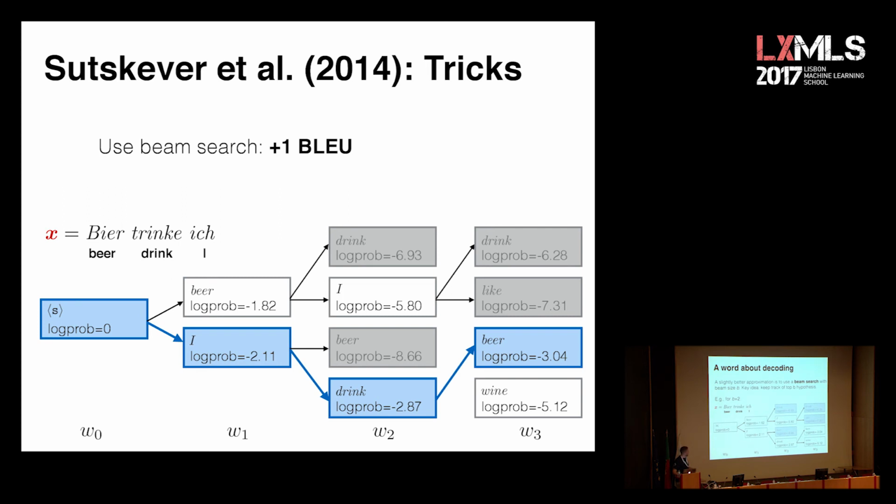So here we've got I drink beer as the best translation. This beam search is a standardly used technique, and if you use a beam search instead of a greedy search, you get a further BLEU points improvement. So this is useful, and it's worth keeping in mind.